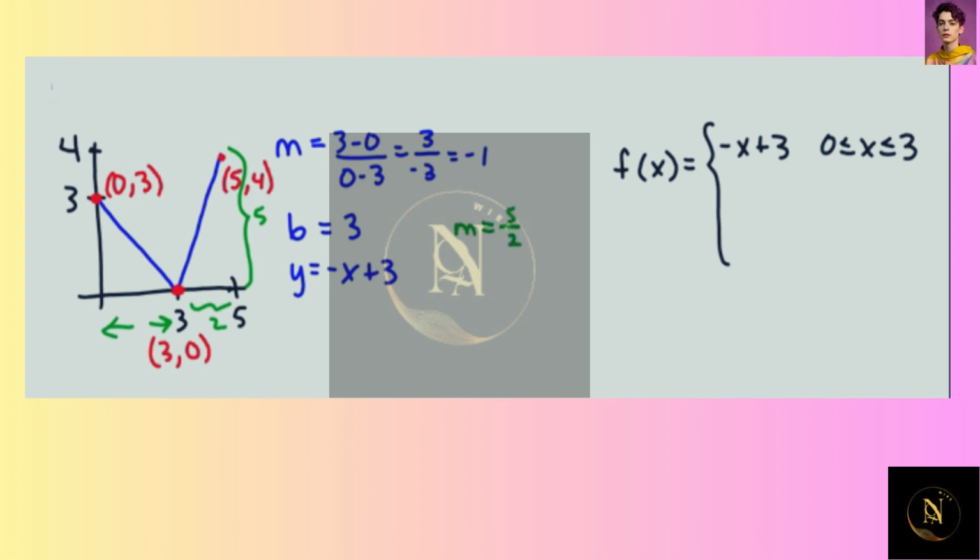And what we can do is use point-slope form, use one of our points and our slope, and find the equation of the line. So let's use the point (3, 0). So we have y minus 0 equals 5/2 times x minus 3. So that would be y equals 5/2 x minus 15/2.